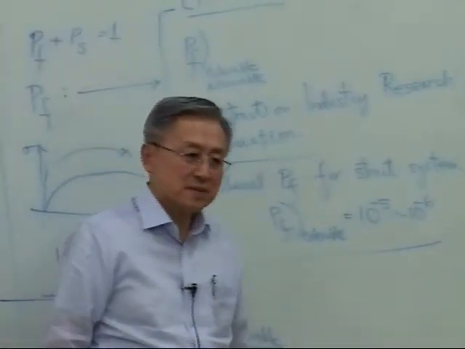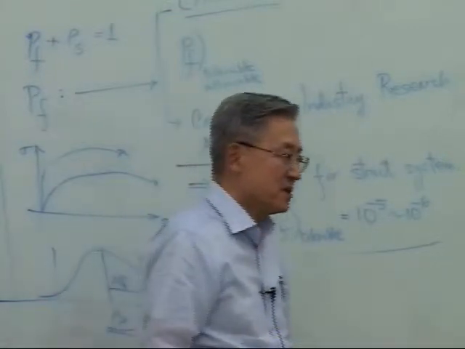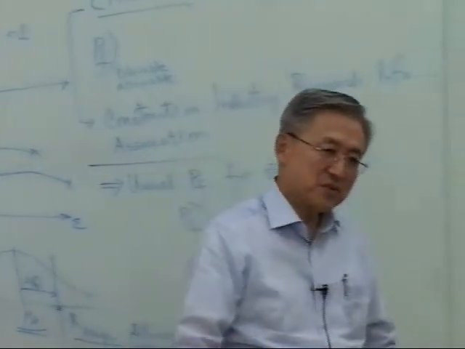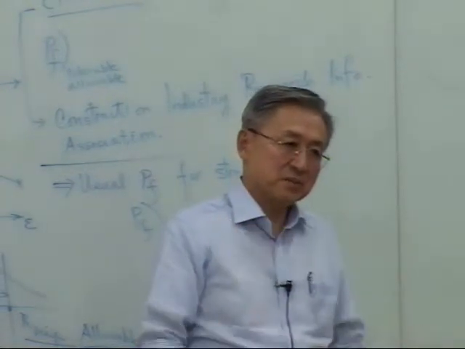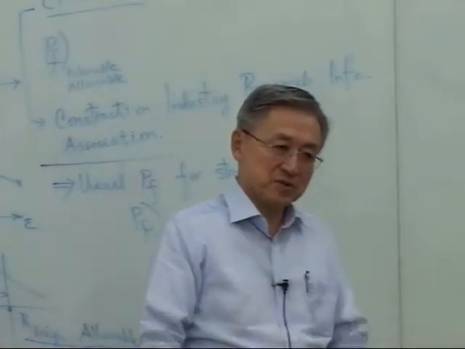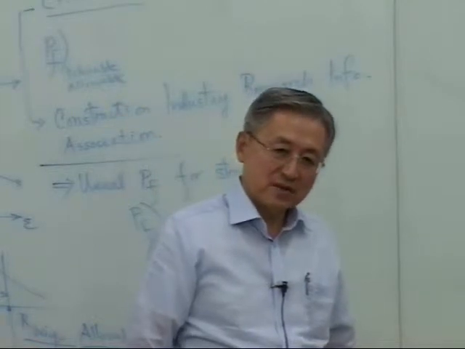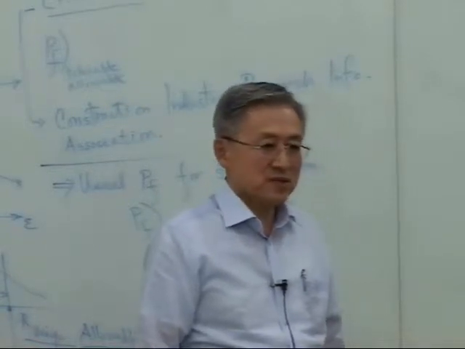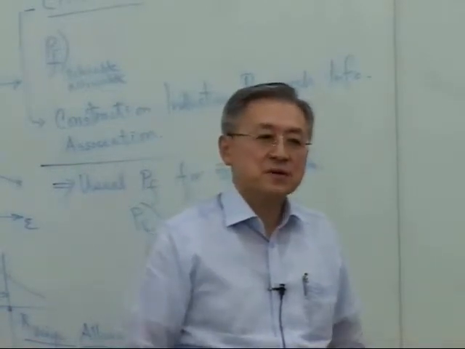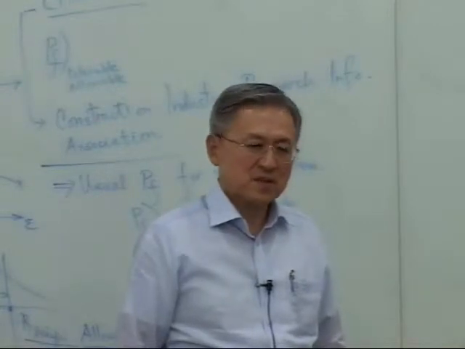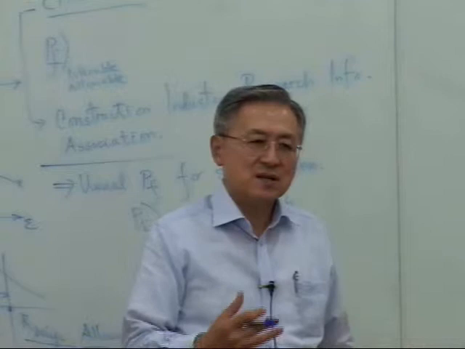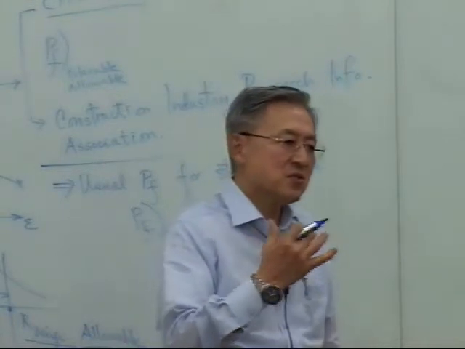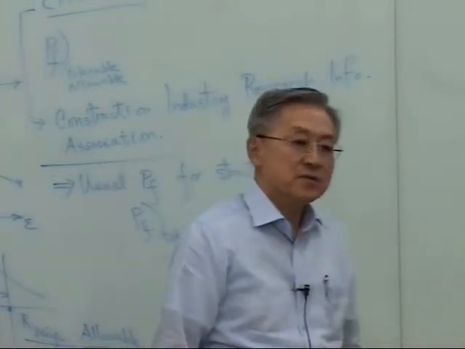What does it mean? When you compute that, if your computed result is 10 to the minus 5th or 10 to the minus 6th, that's a very good design. The chance that the structure system fails is very small.